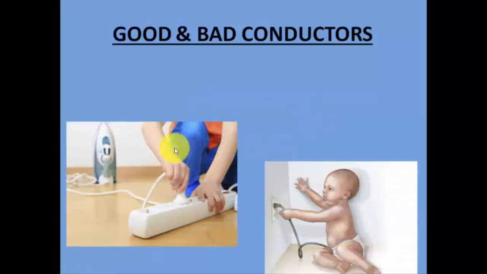Even the human body is a very good conductor of electricity. See, this boy is handling the iron box. Let's say over the wire we have this rubber coating. Let's say if there is no rubber coating, what will happen? We will immediately get a shock, because the person is holding the wire with his hand, and our human body is a good conductor of electricity, so immediately we will get shocked.